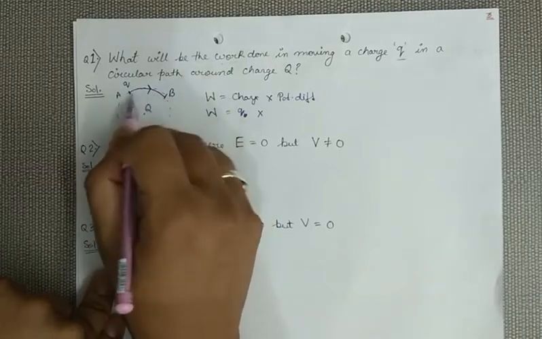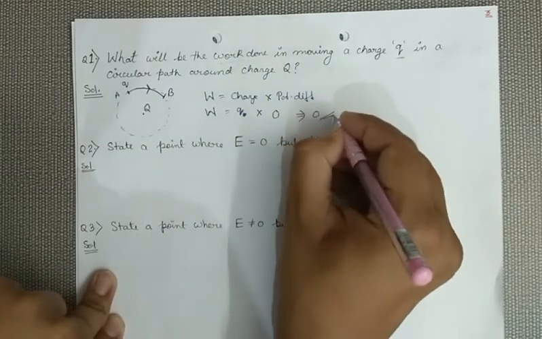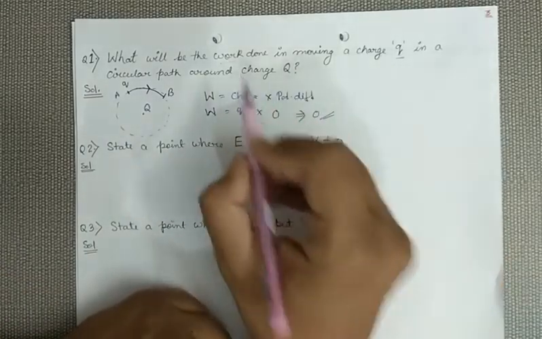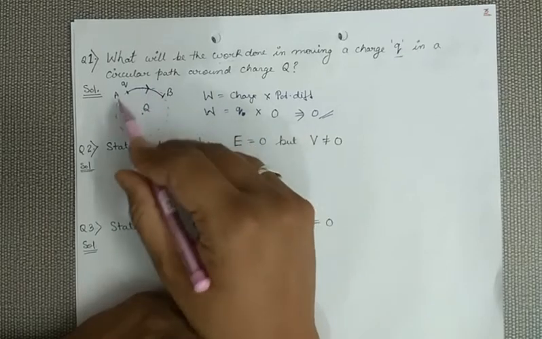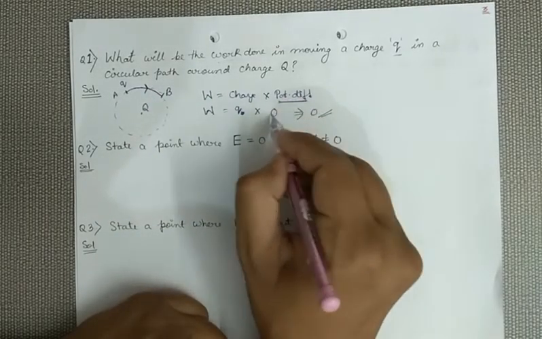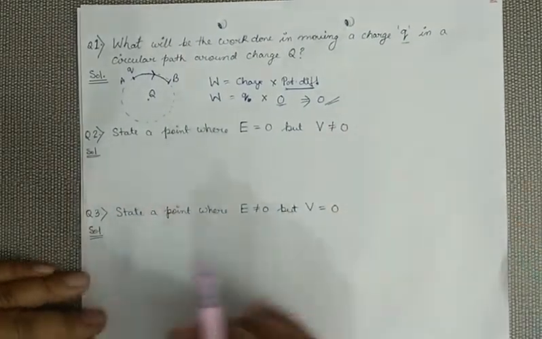Both points are at the same potential, so potential difference is zero. So work done is zero. This is a point included in my equipotential topic also. On an equipotential surface, potential is the same everywhere, so potential difference is zero, and where potential difference is zero, the amount of work done is also zero. So let's move to the next.